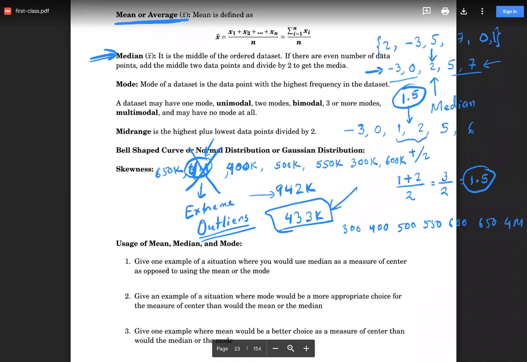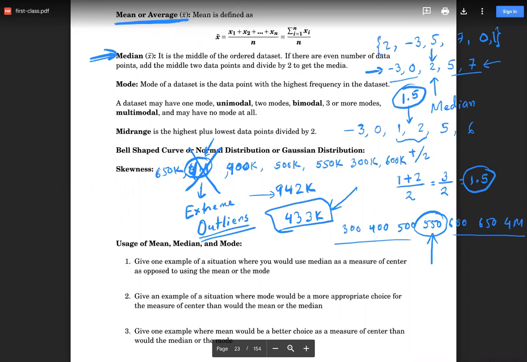Now the middle of these data points is 550. That means there are 3 data points to the right and 3 to the left, and that's probably more like what the home price in the city of Salinas is going to be.